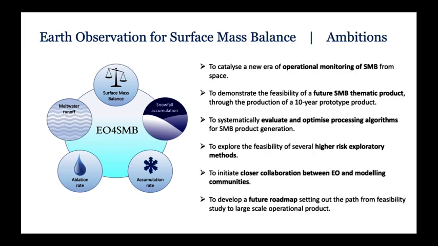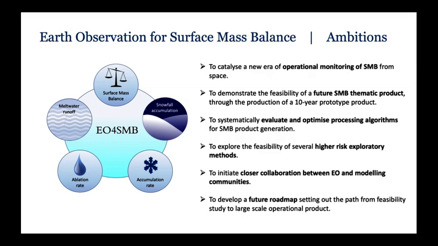So ultimately, the ambitions for the 2-year project are to initiate or to catalyse a new era whereby we can operationally monitor surface mass balance from space, and to do this by demonstrating the feasibility of a future operational or thematic product dedicated to this area.